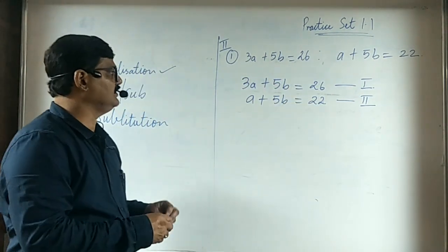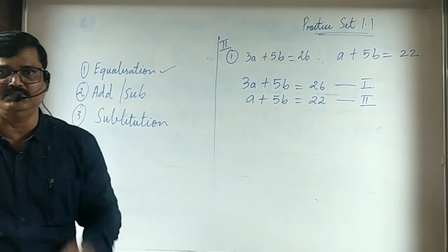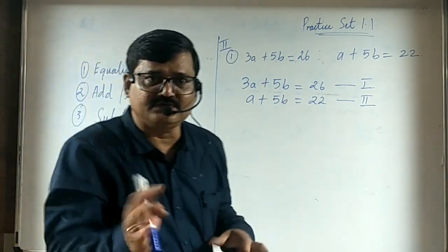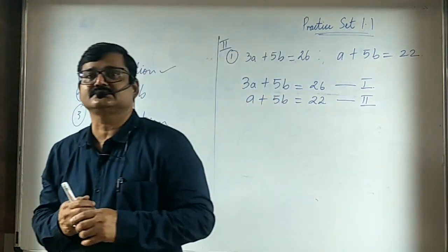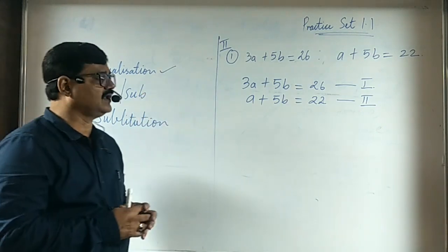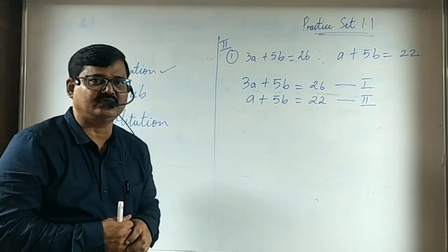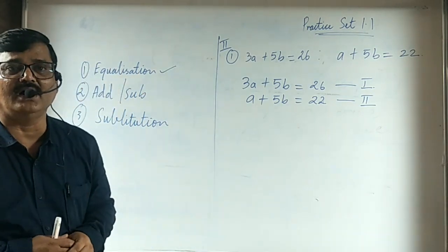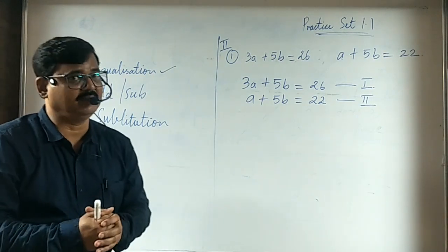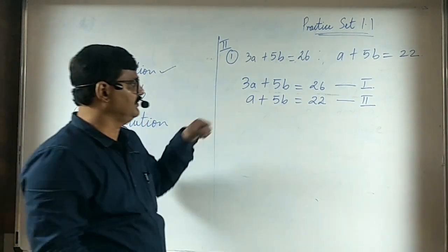Now, there are two variables here, in this case a and b, and you have to check which variable has equal numbers. If you observe carefully, in the first equation a has 3 and in the second equation a has 1. Naturally, if there is no number, then there is 1.